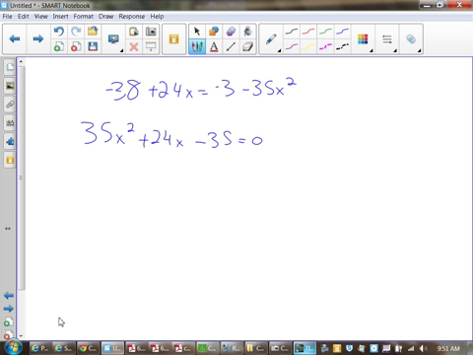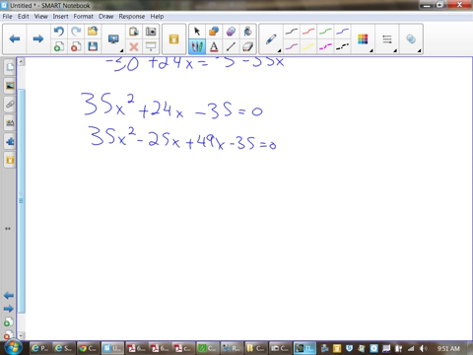Okay, so what happens then is you have 35x squared minus 25x plus 49x minus 35 is 0. When you go to that, what we call split middle term, you're factoring by grouping. What is the GCF of 35x squared and 25x? 5x. I'm left with 7x minus 5.